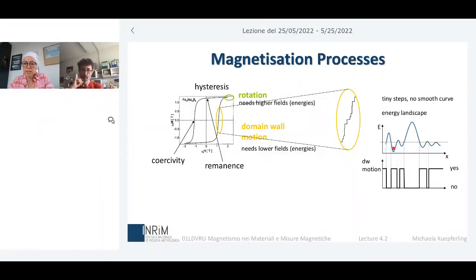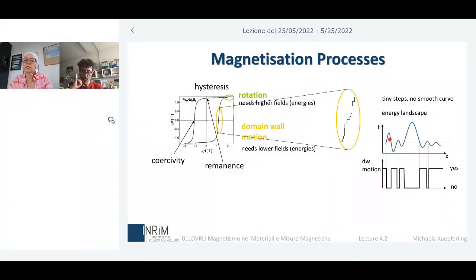Here you can see this energy landscape correlated to the domain wall motion. If this is, for example, the energy that you have due to the field that we apply currently, then you will have domain wall motion if you're above this energy, and your domain wall will stay still at a certain point if you're below this energy well.